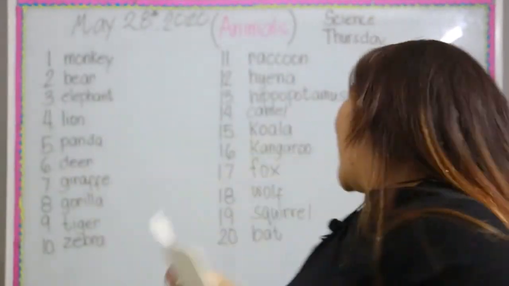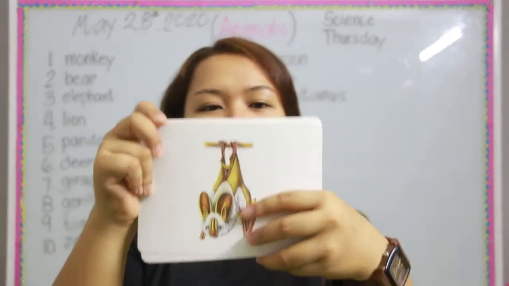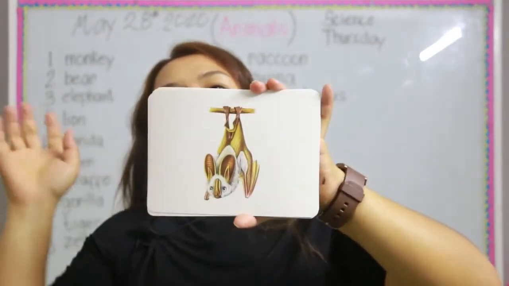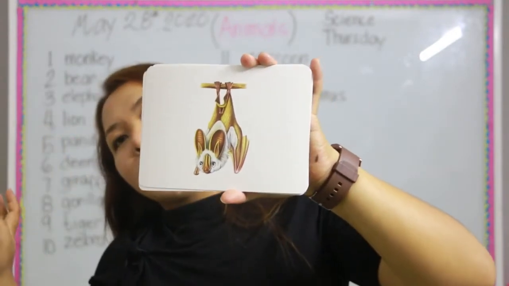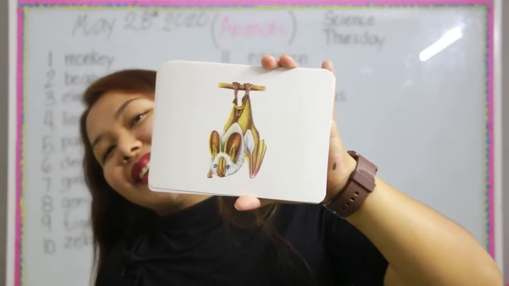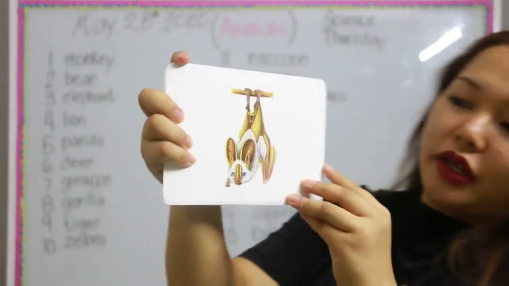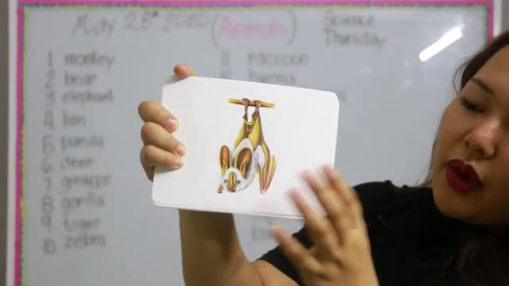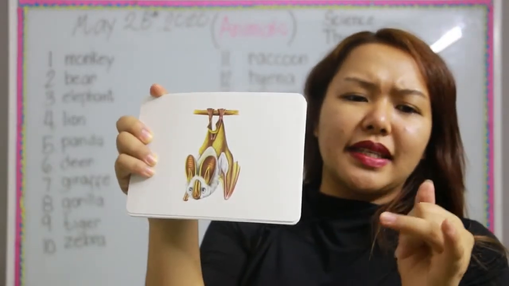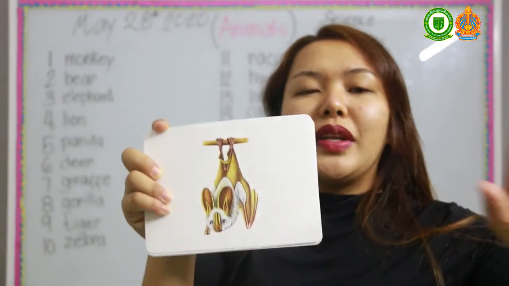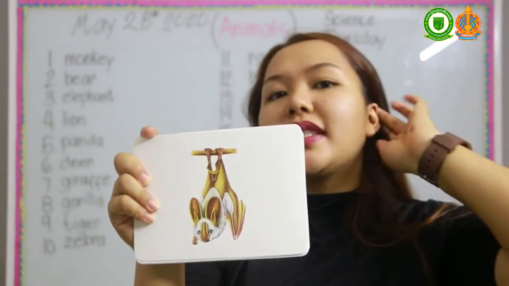And lastly, kids, we have your bat. There are different kinds of bat. We have the wild bats, which are black in color. But right now let's discuss this bat. It's brown in color. They normally stay inside the caves during the day because they cannot really see during the day, but during the night they can see very clearly.